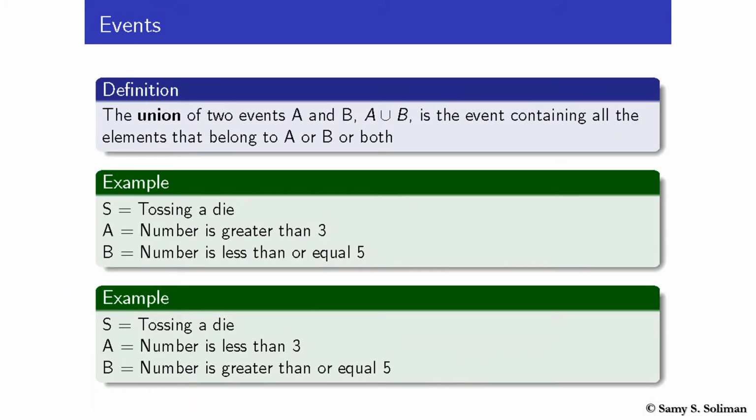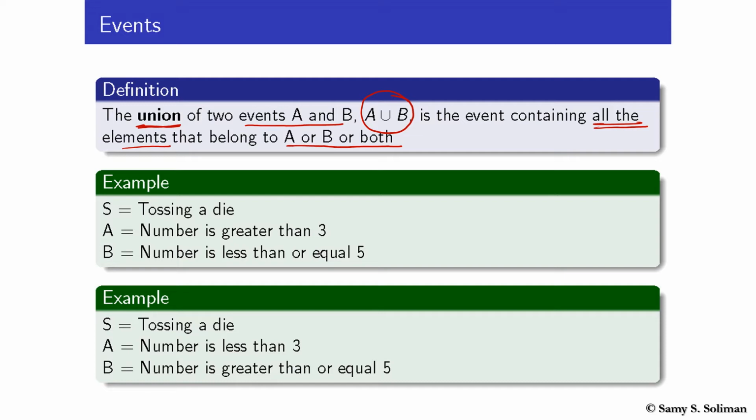The second important definition about the relations between events is the union. The union of two events A and B, usually denoted as we can see here, A ∪ B, is the event containing all the elements that belong to A or B or both. Again, the wording is very important in understanding the definition of union.